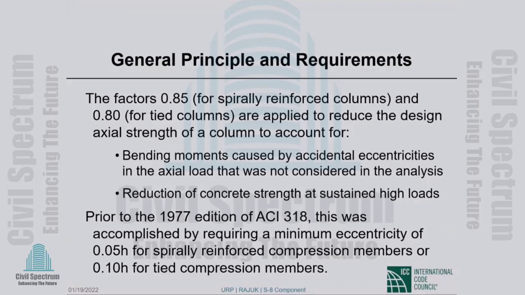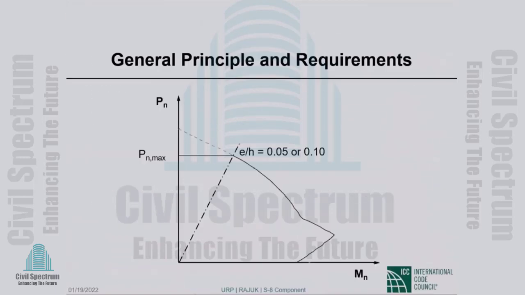So it was explicit consideration of accidental eccentricity. Then we went to these reductions of 15% and 10% in consideration of accidental eccentricity. So there is a phi factor, and then there is an accidental eccentricity factor.